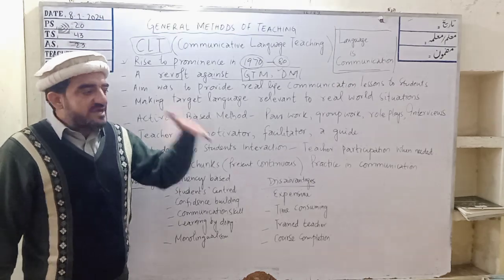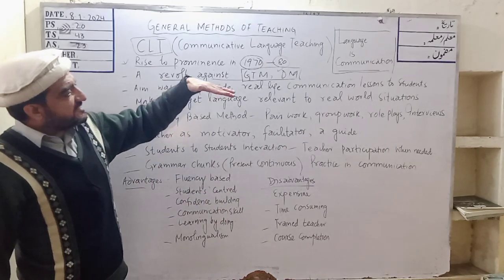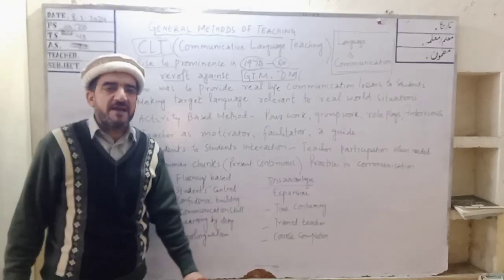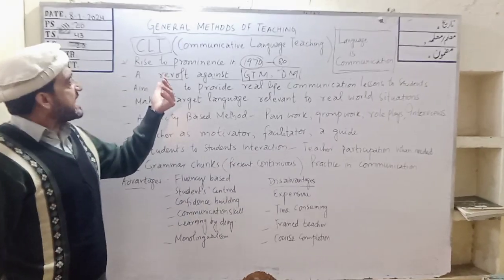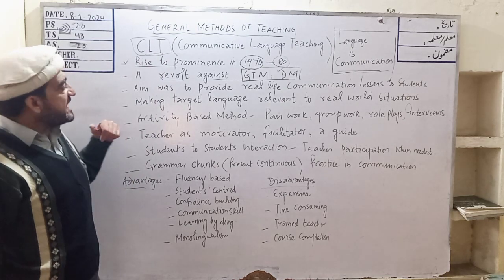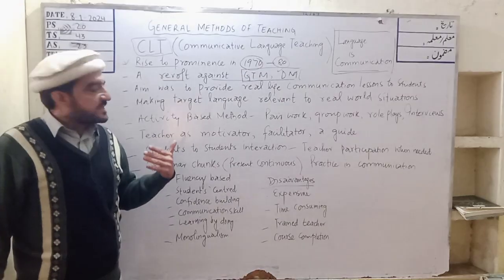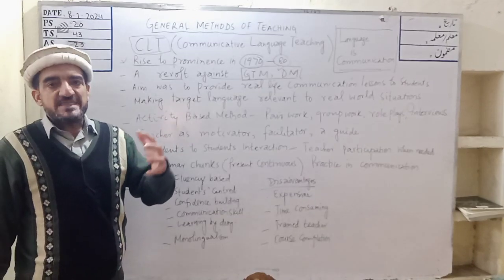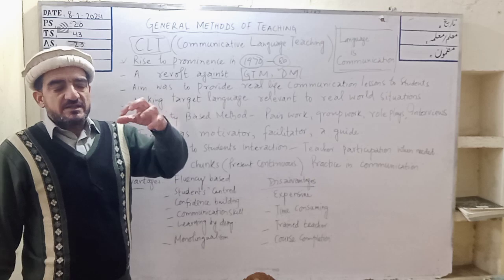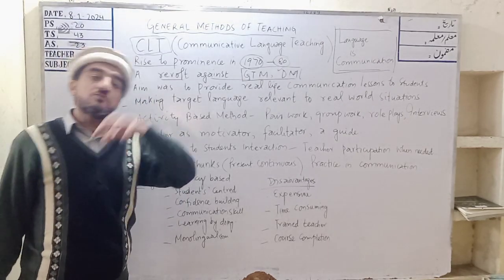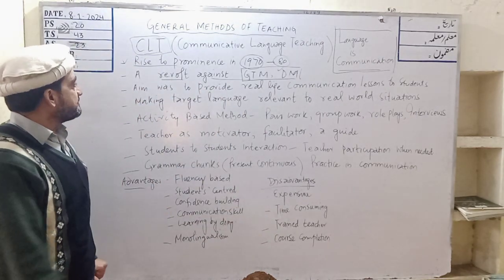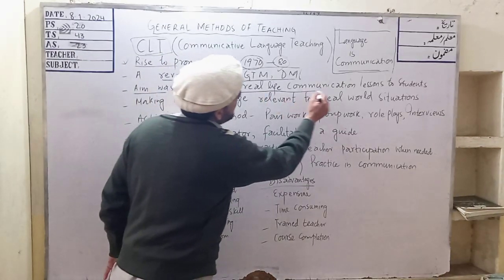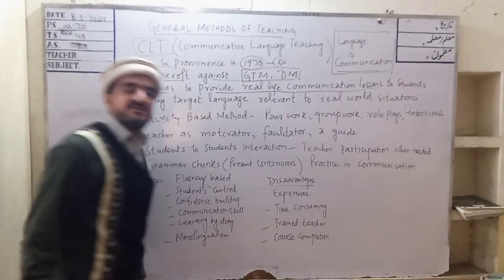So, to control the speedy development of the grammar translation method and direct method, CLT came into the field just to shift the attention from the importance of the teacher to the importance of the learner. The aim was to provide real life communication lessons to the students.